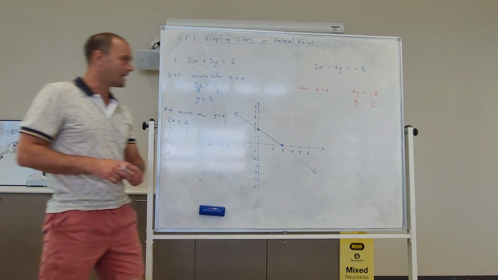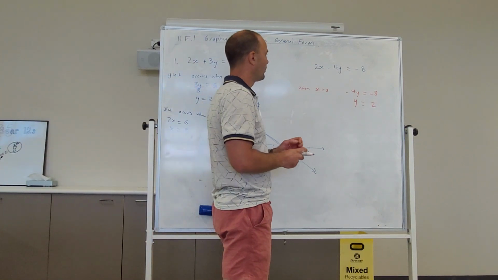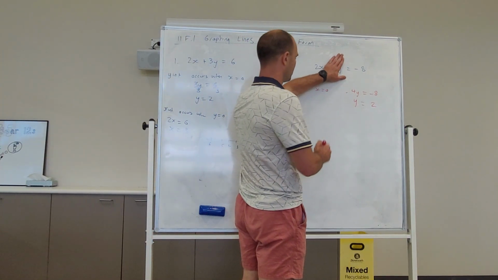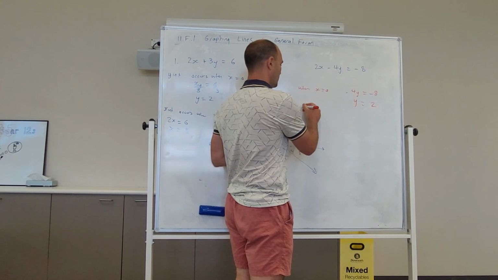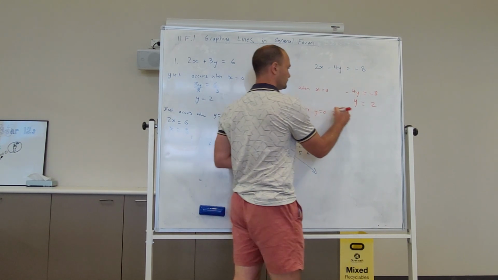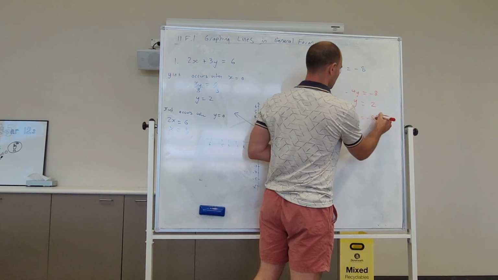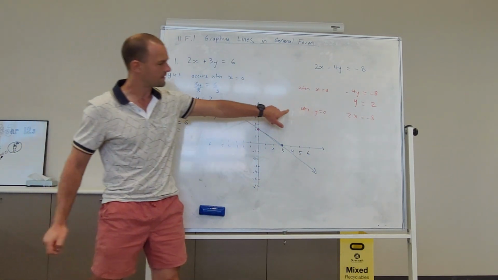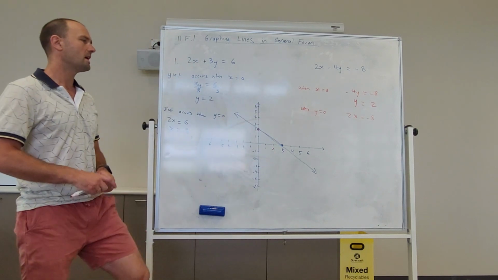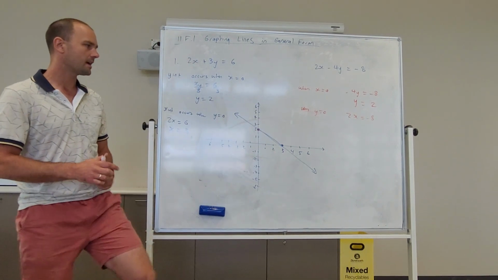The x-intercept will occur when y is 0. We'll write it up properly. When y is 0. Now, if ever you can't read anything, just ask. That says when. When y is 0, 2x is minus 8.